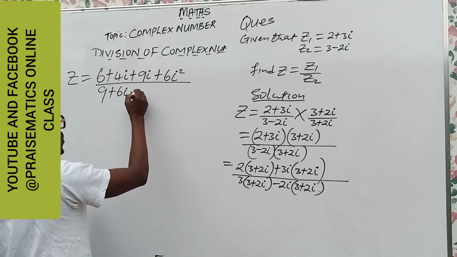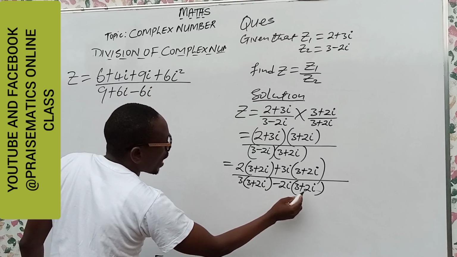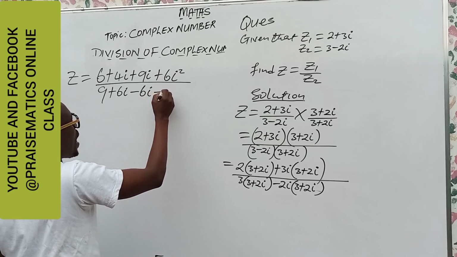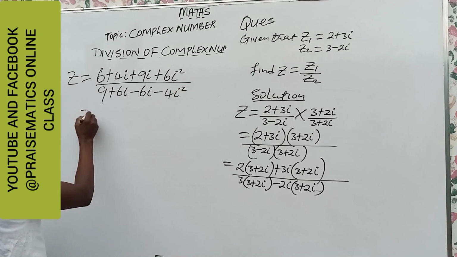Minus 2i times 3 will give us minus 6i. Minus 2i times plus 2i will give us minus 4i square.